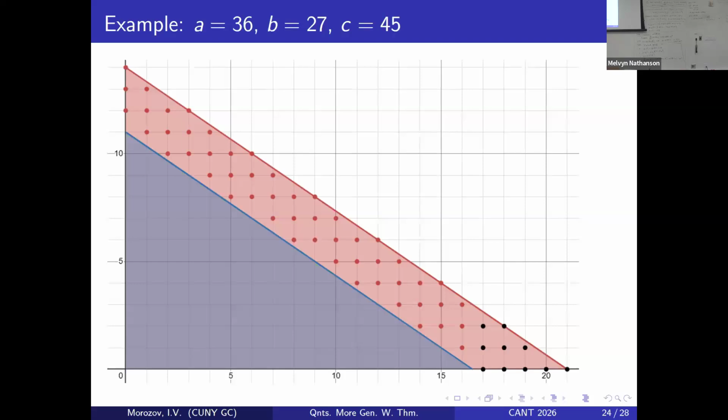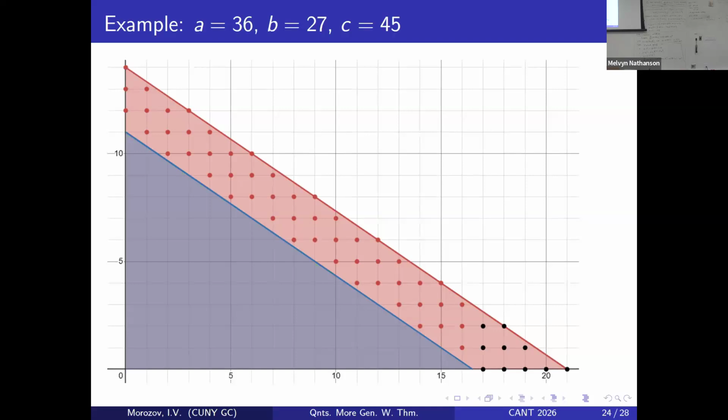It's a very simple geometric argument. So the red triangle here, for this Pythagorean triple, A is 36, B is 27, and C is 45. The number of lattice points in the red triangle is the number of partitions of C into 3 parts. The number of lattice points in the blue triangle is the number of partitions of A into 3 parts.